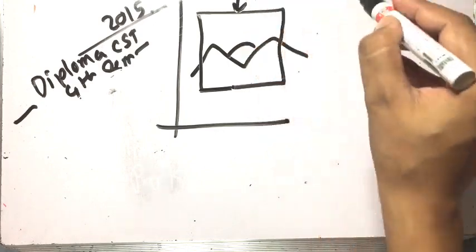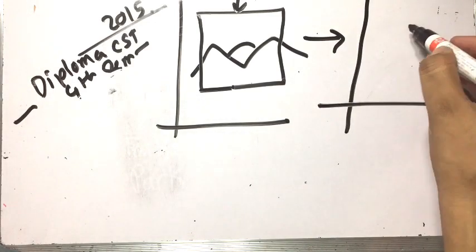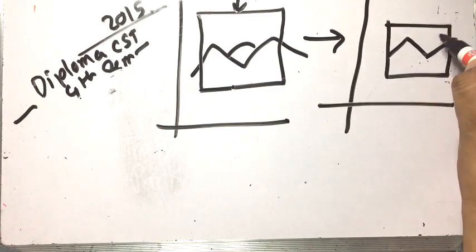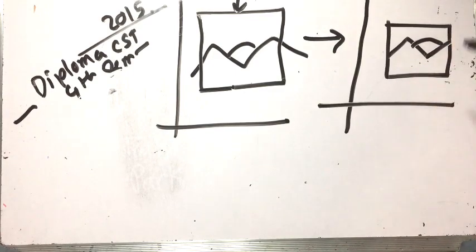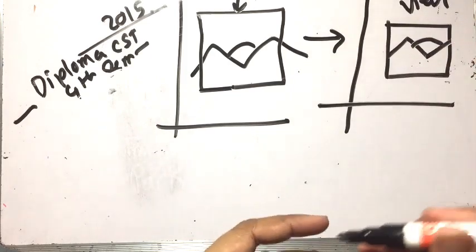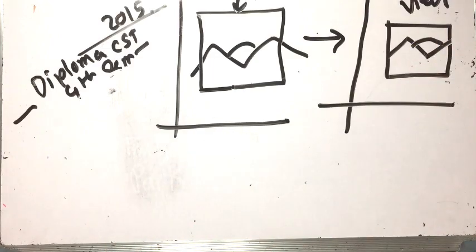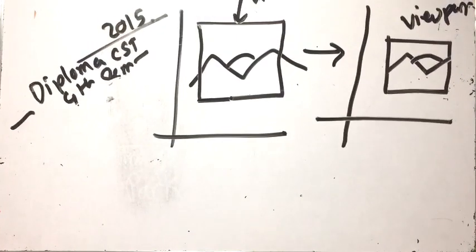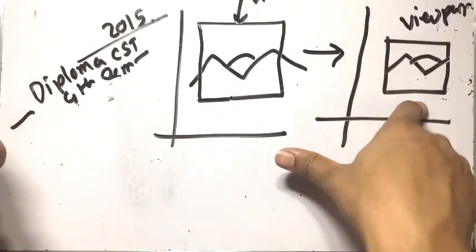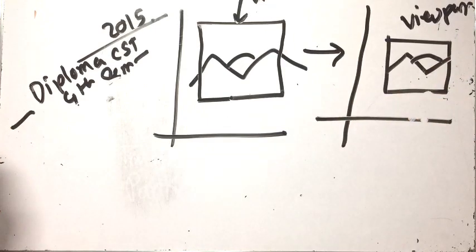When you capture the view on a mobile or any other device, you get the picture, and this picture is known as the viewport. The viewport is the rectangular area where the picture is to be displayed on the device. So the window is the area of what is to be displayed, and the viewport is where it is to be displayed.